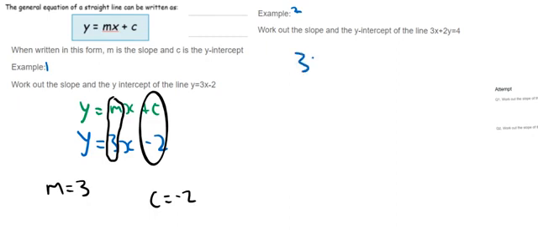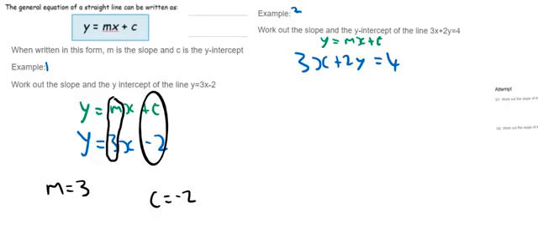What you'll notice about example 2, 3x plus 2y equals 4, is that if I write the general equation over it, y equals mx plus c, I can't read off the slope because it's not in the same form. I don't have just a y on the left hand side with everything else on the right hand side. I have a 3x plus 2y.